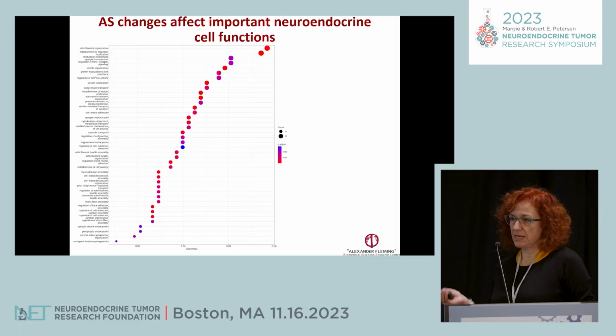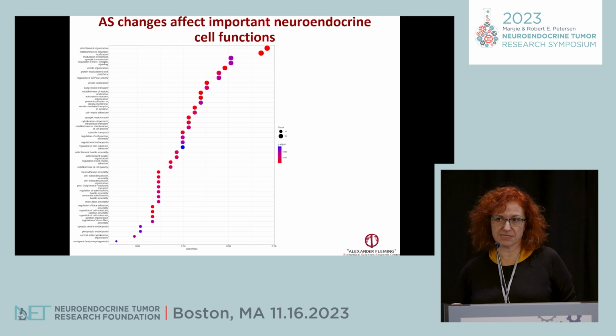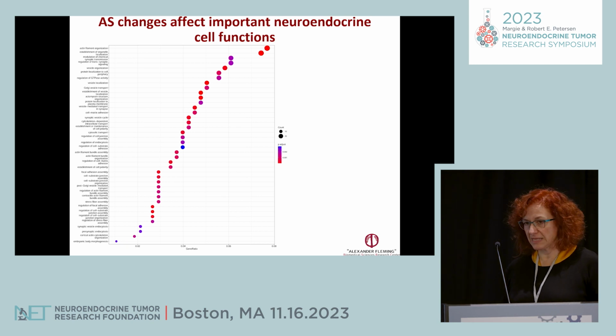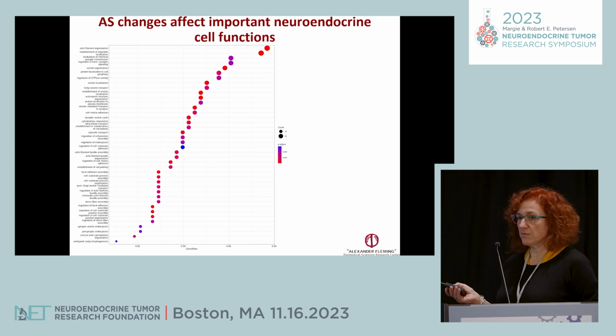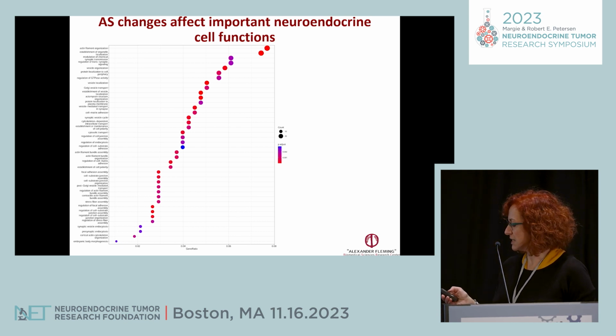And when we looked for the functional effect these deregulated alternative splicing events might have, we performed gene ontology enrichment analysis, of course, for the genes that are subjected to alternative splicing changes.